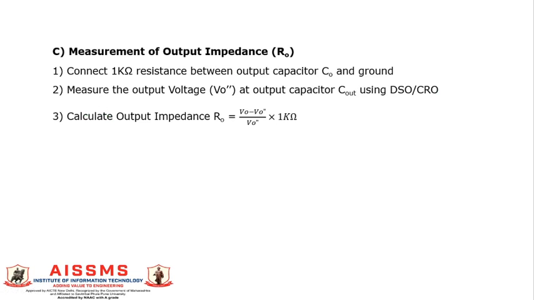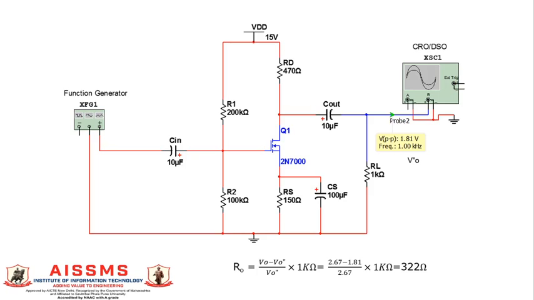Next we will calculate the output resistance. Connect a 1 kilo ohm resistance between output capacitor C0 and ground, measure the output voltage, that will be V0 dash, and calculate the output resistance using the formula for R0. Before that you have to remove the resistance which is connected between coupling capacitor and function generator input.